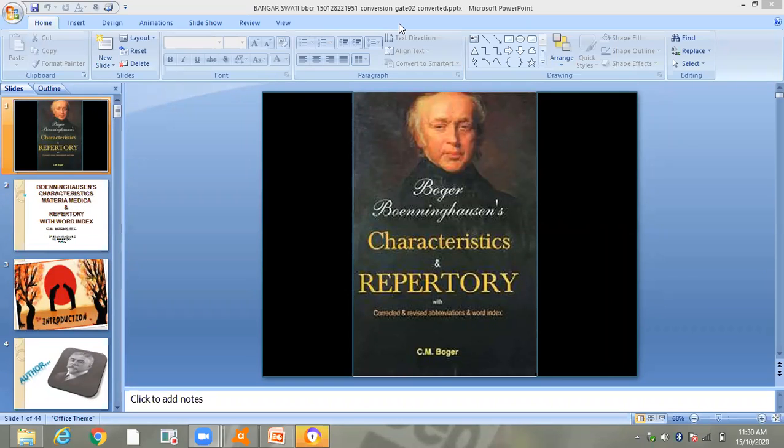Then in front of many rubrics only a single or a few medicines are given, and so they are less useful for repertorization, or rarely do we consider these rubrics for repertorization, because they do not give indicated remedies.